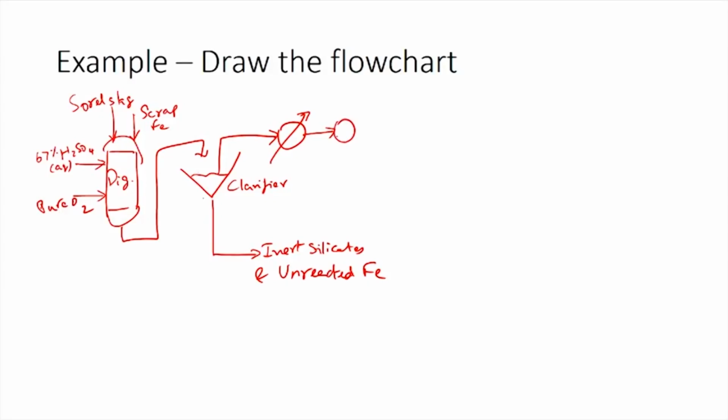So, you have a filter, and from the filter all the FeSO4 is leaving the system, and the solution of TiOSO4 is then taken to an evaporator.